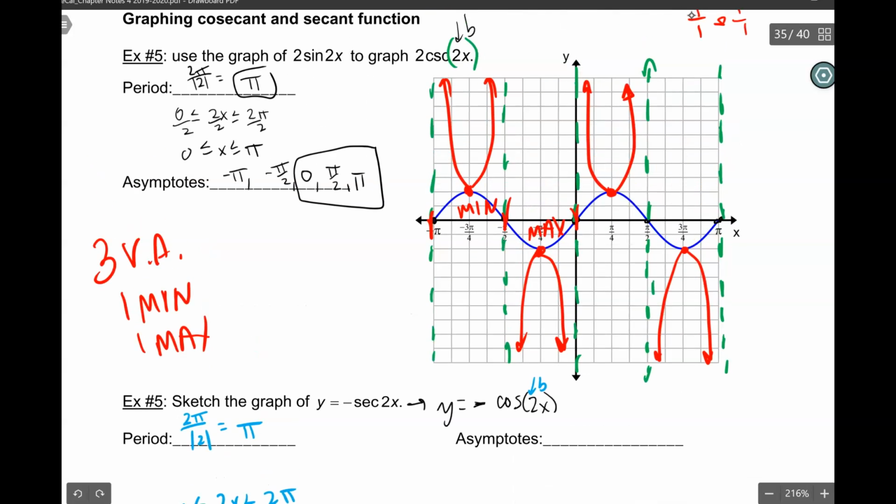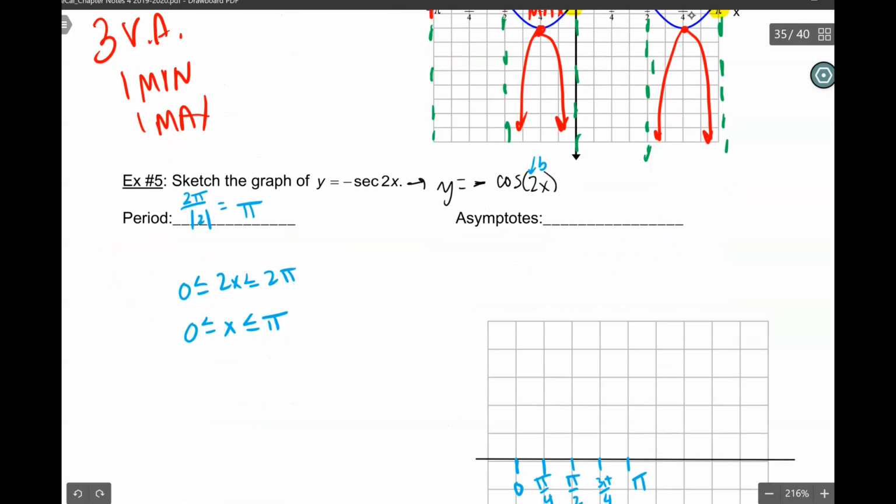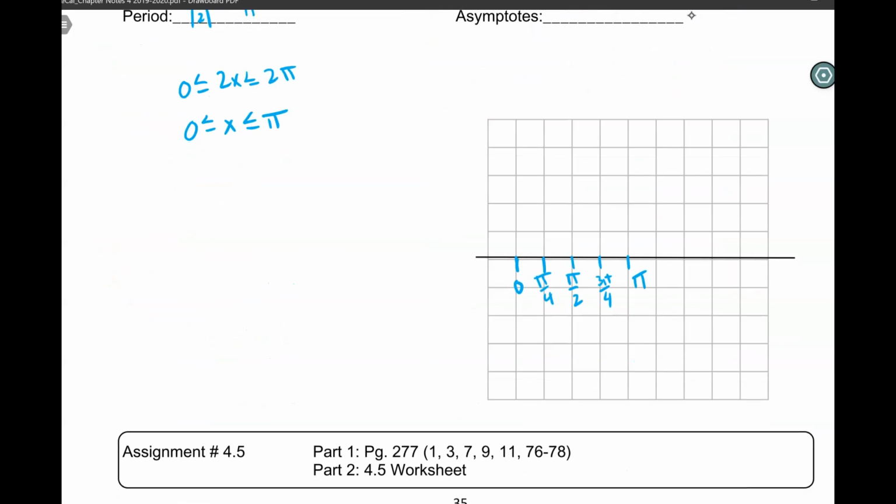So the nice thing about sine was we started at 0 and we ended at 0. So that was like my 2 end asymptotes. Cosine starts at a max of 1, so that's not ideal. So if I just extend this out just a couple more, this is going to be 5 pi over 4, so this is 3 pi over 2. I can just extend it out just a little bit more and it helps.